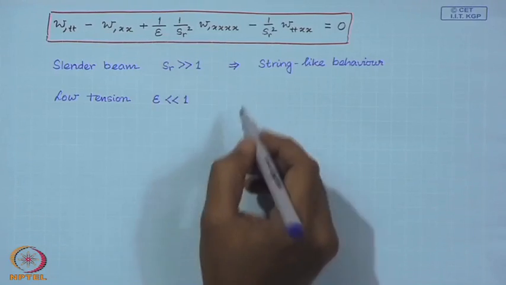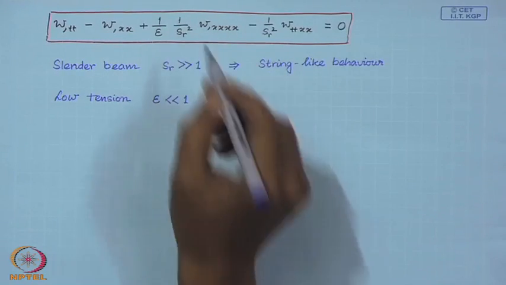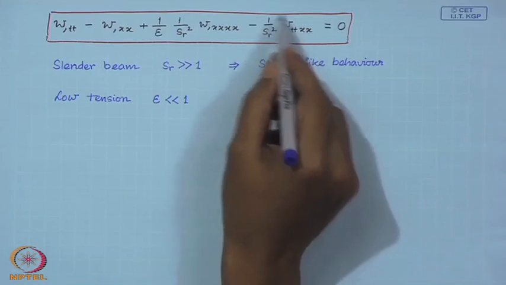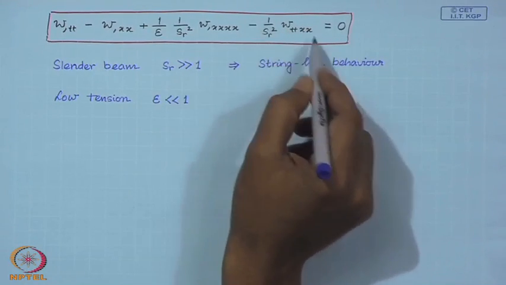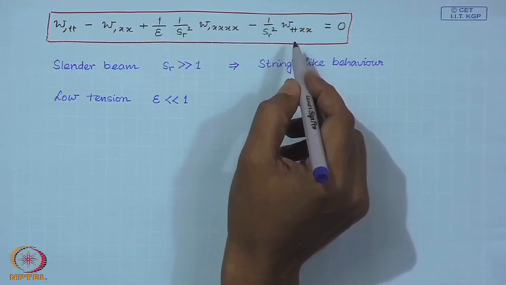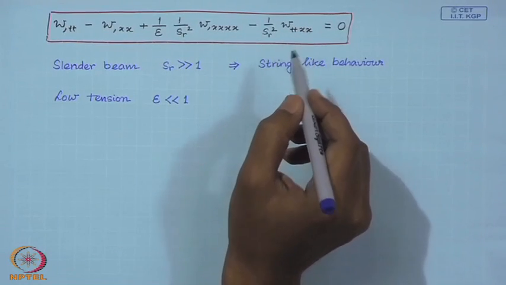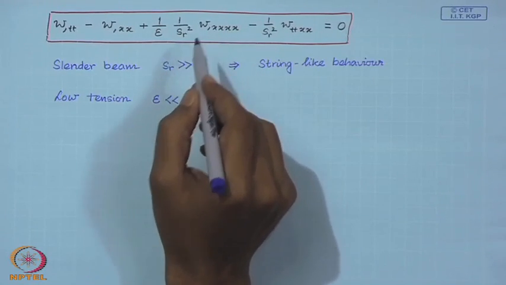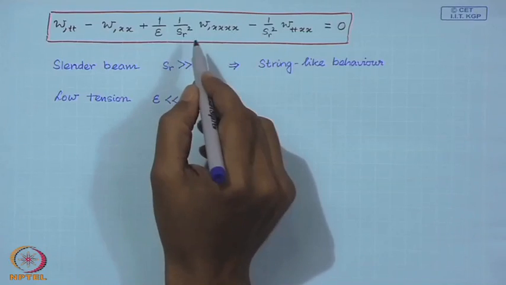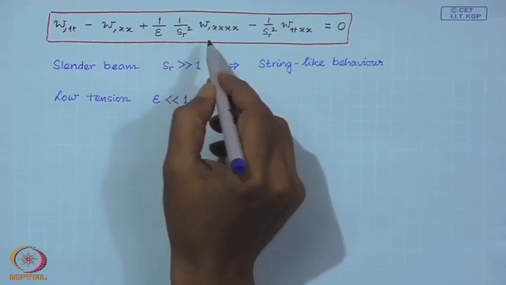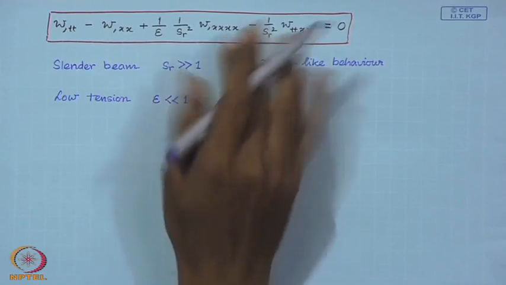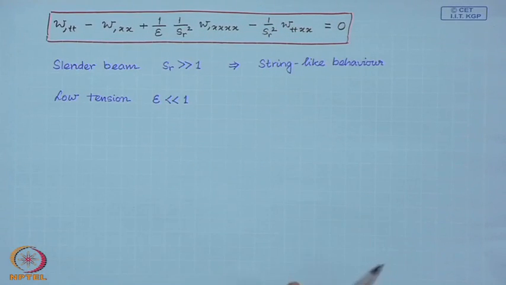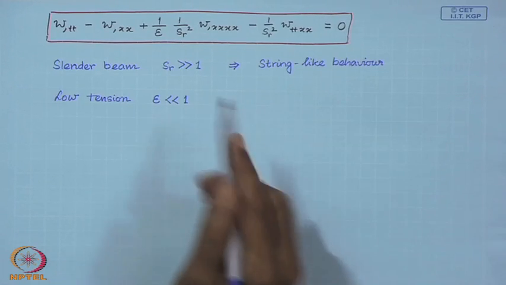In that case, you may have to include this flexural term in the equation of motion. So, this rotary inertia term is negligible in the case of slender beams, whereas this term is negligible if the beam is slender and the tension is very high. If the tension is very high and the beam is slender, then these two terms can be dropped. Therefore, it will have a string-like behavior, or the system can be modeled as a string.